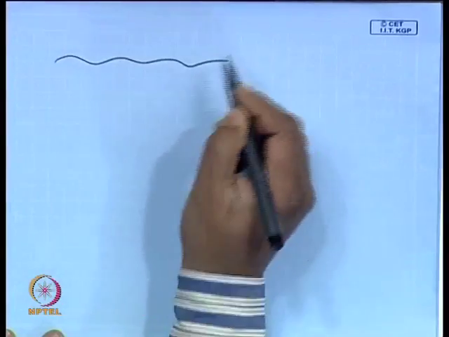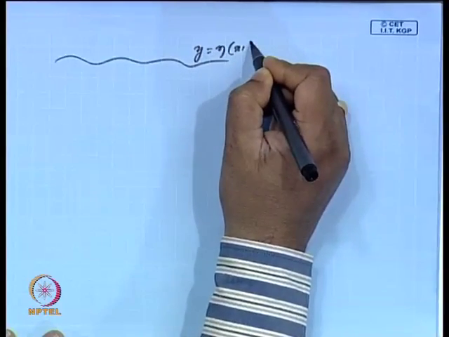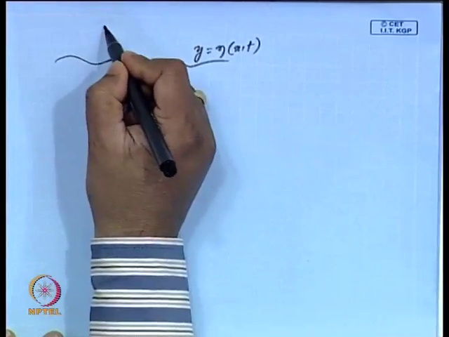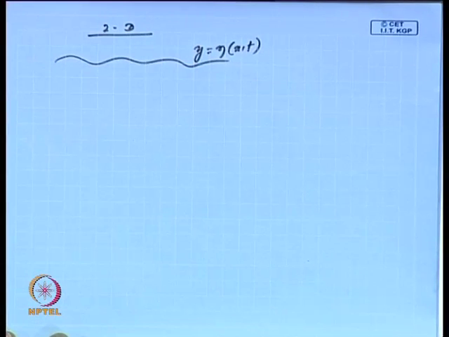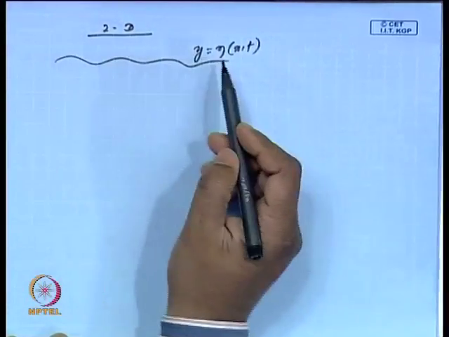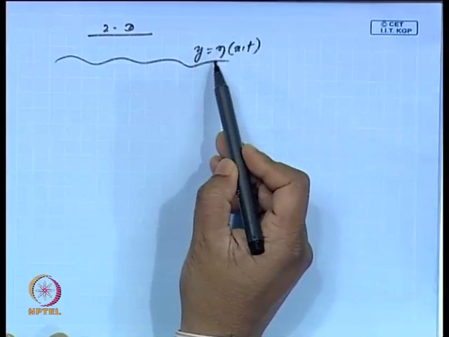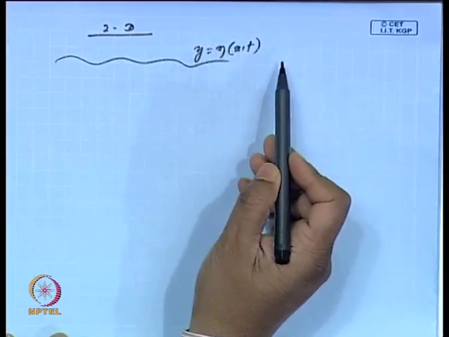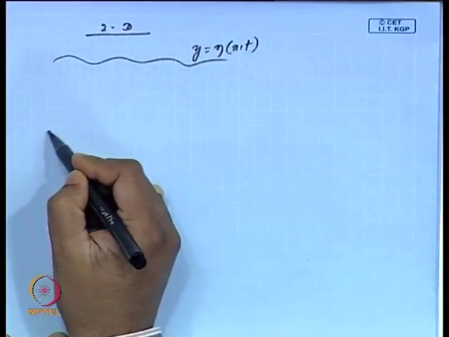So, now apart from this, in the case of waterways I always deal with two things, as I mentioned in one of the previous classes. I always have a free surface, that is y is equal to eta x t, and I assume it is a 2 dimensional problem, a 2 dimensional domain in the xy plane. Because of the free surface, I can always write y is equal to eta x t, and then I will have a bottom.